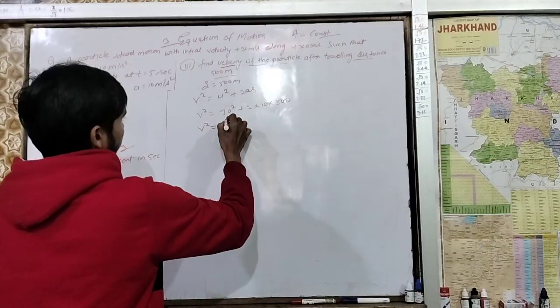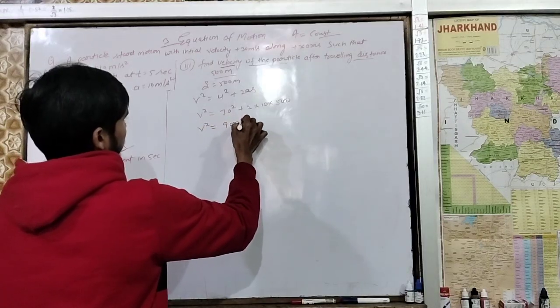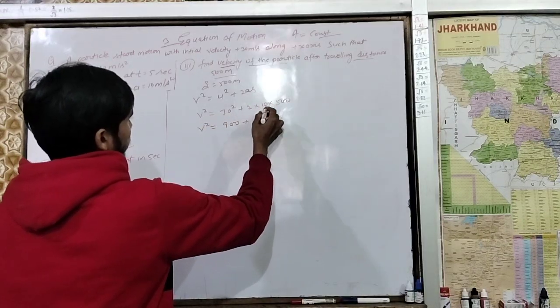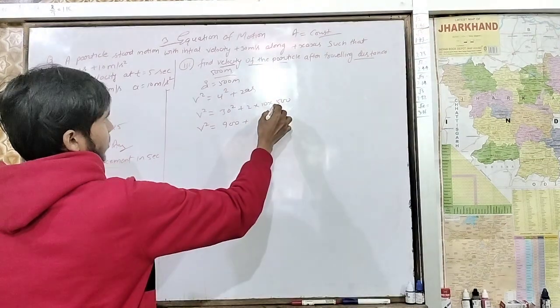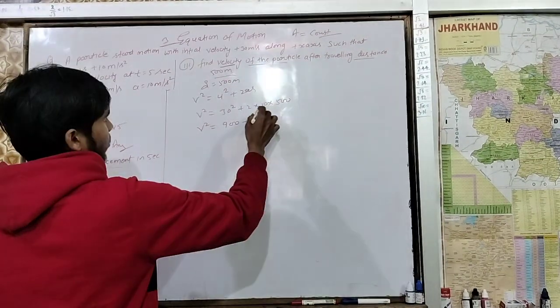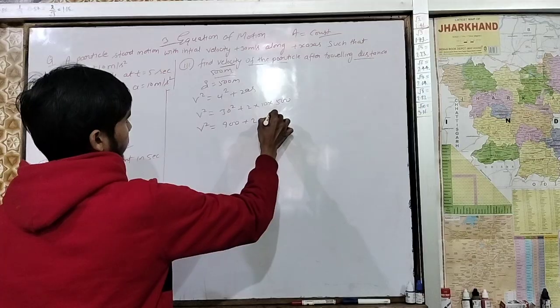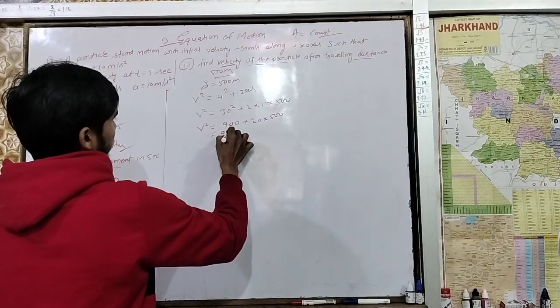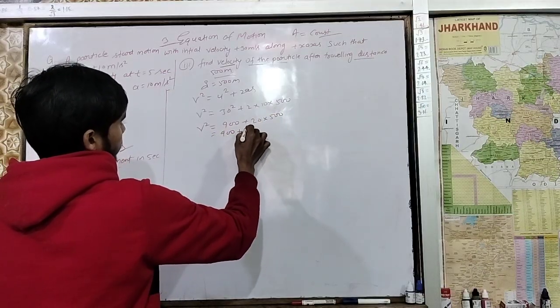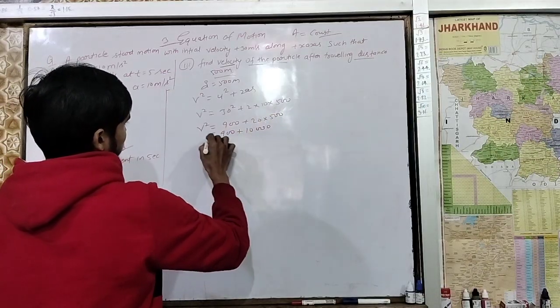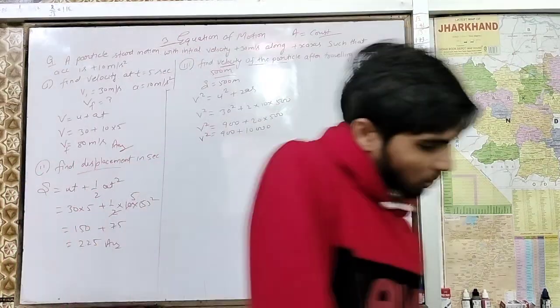V square is 900 plus 2 times 10 is 20, and 20 multiplied by 500 is 10,000.